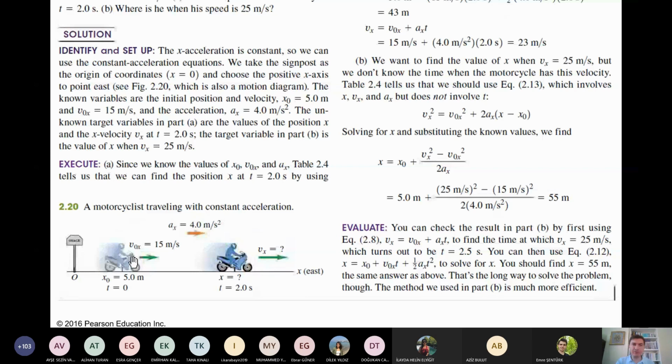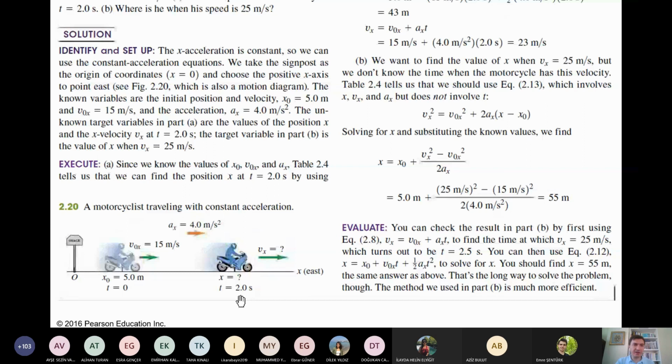Okay, these are the known variables. The unknown target variables are the position when the time is 2 seconds and the velocity when the time is 2 seconds. These are the unknown target variables.